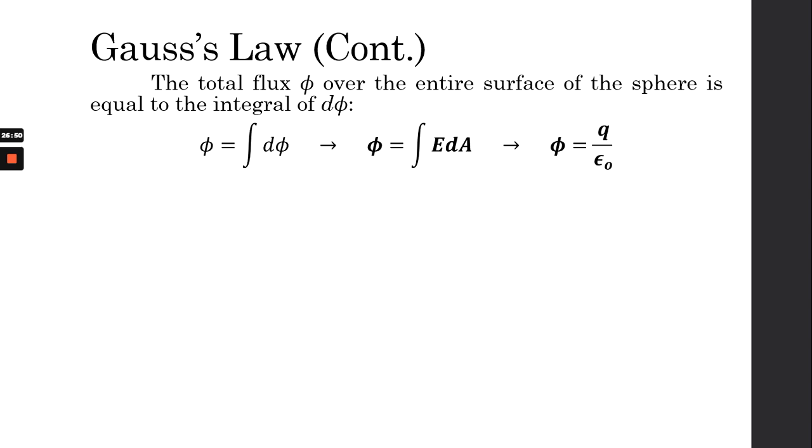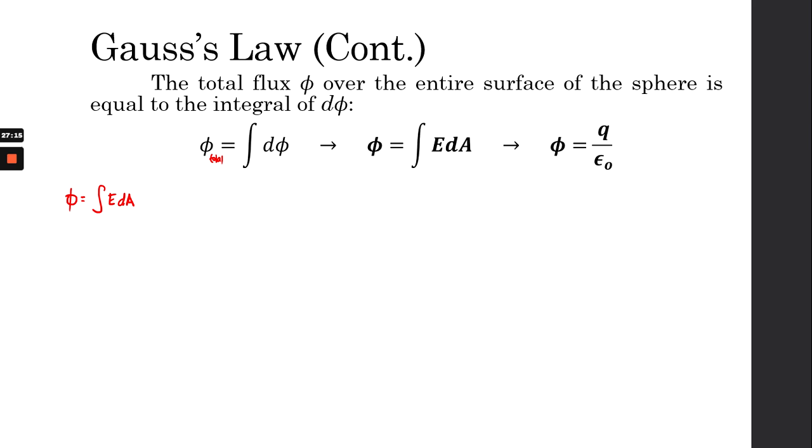So if I want to find the total flux for my enclosed surface, I just need to find the integral of my differential flux. And remember, the differential flux for my example now is just equal to EdA.